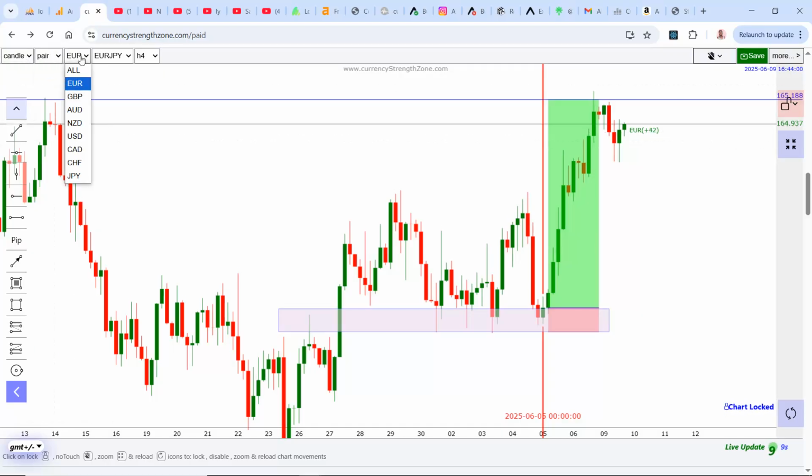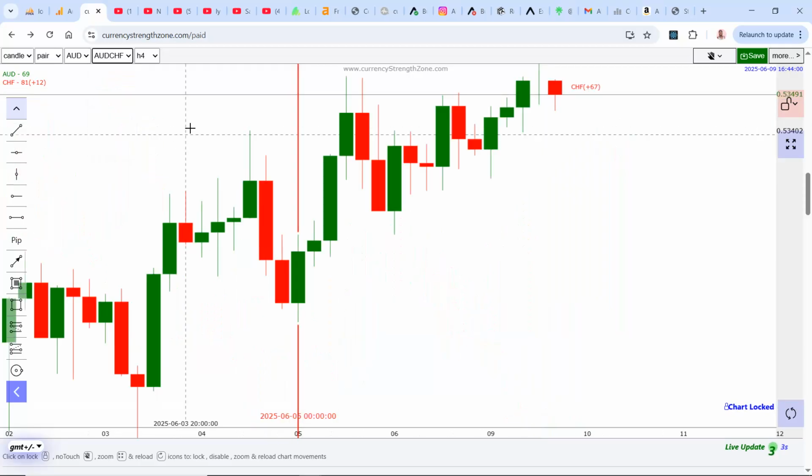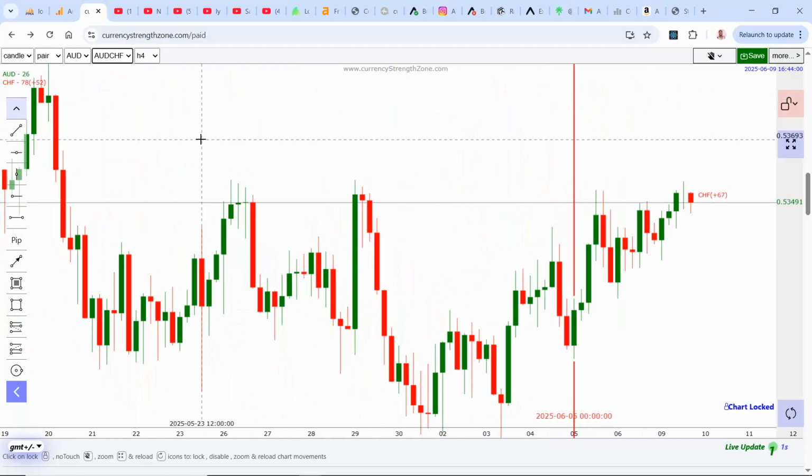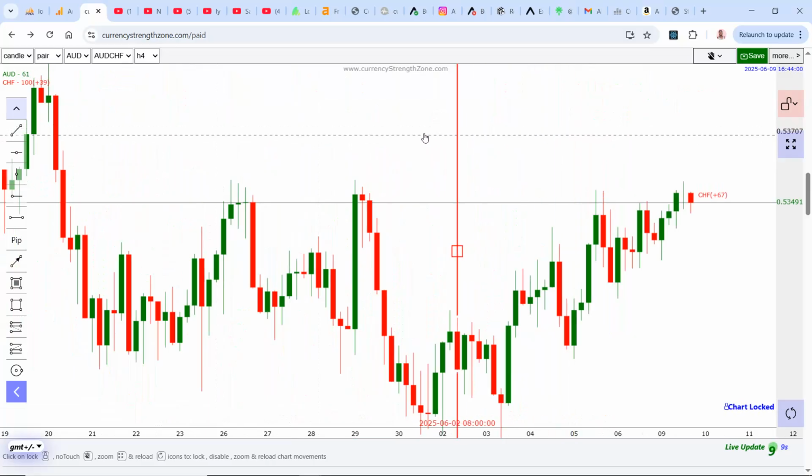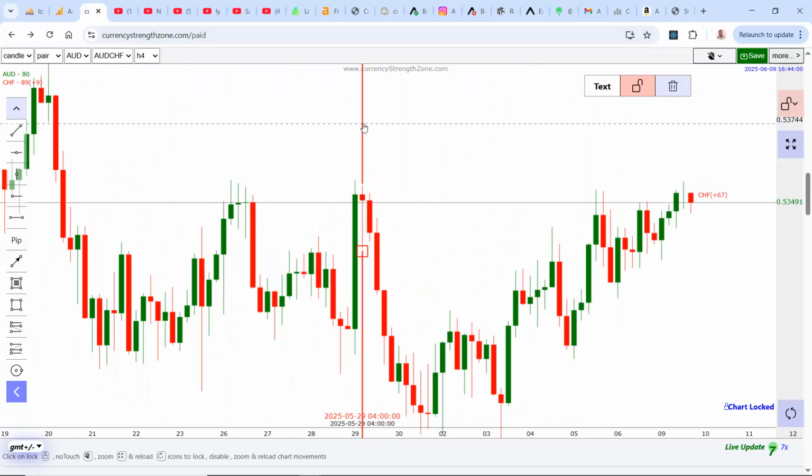Let's check another example from Aussie Swiss franc. We check over here on this day how we got this entry.